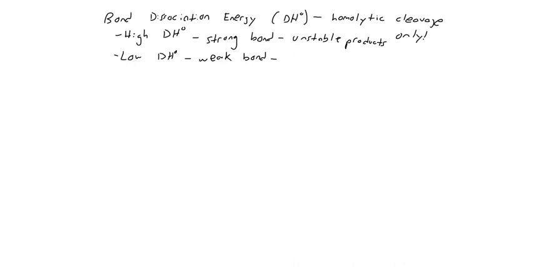Conversely, if we have a weak bond, if it's not very hard to break that bond, that means the individual atoms probably are pretty content with being on their own. So we can say that those are pretty stable products. We'll talk more about what that means a little bit later as well.